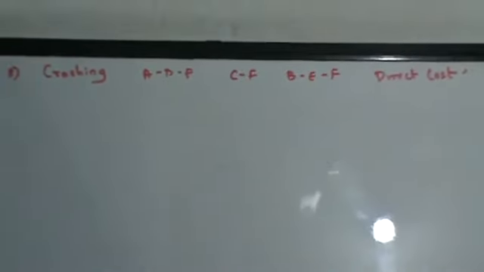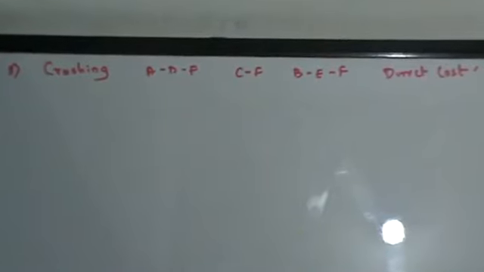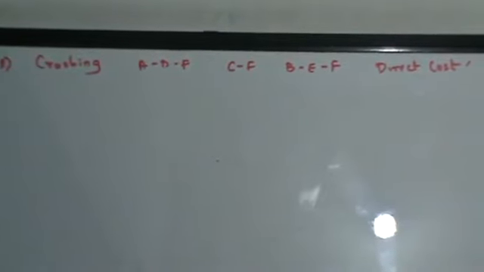Then you have direct cost. Generally after this you have indirect cost and total cost. But in this particular sum neither the indirect cost nor the total cost is given to you. That is the reason why I am not drawing those two columns.